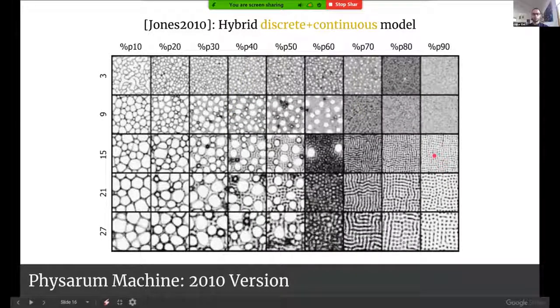So Jones showed that this model reproduces all kinds of very interesting morphologies. Some of them correspond to the real slime mold. Some of them are more akin to reaction diffusion systems, but there is great richness of structure. The limitation is that this is a two-dimensional model, so we cannot use it for our task.